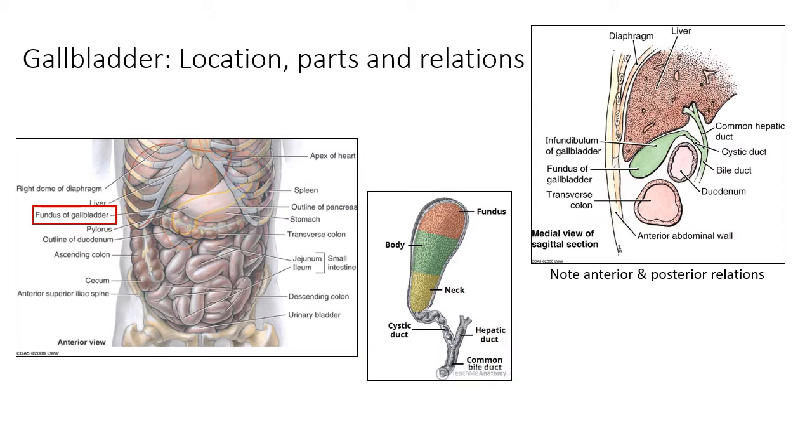Now we come to the gallbladder. So the gallbladder is a sac which is responsible for receiving the bile that's produced by the liver, and then in the gallbladder it gets stored and concentrated, and later the concentrated bile is secreted from the gallbladder through the biliary system until it reaches the duodenum.